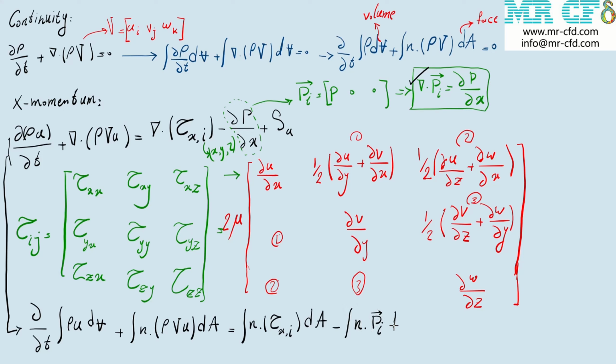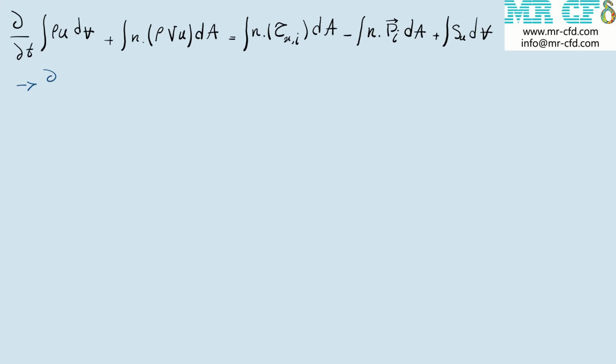Additionally, the divergence in the integrated form over the control volume can be changed to an integral over the control volume surfaces. So if we rearrange this form and collect all the surface integrals together, we can derive this formulation for the x momentum equation.